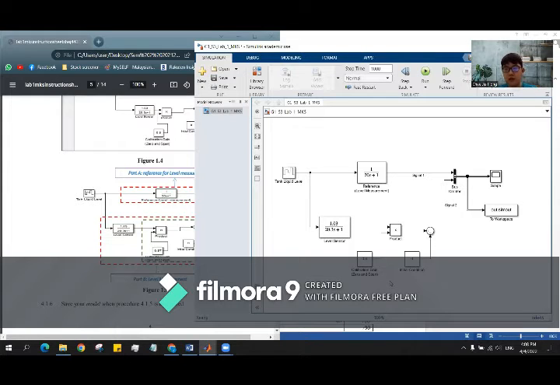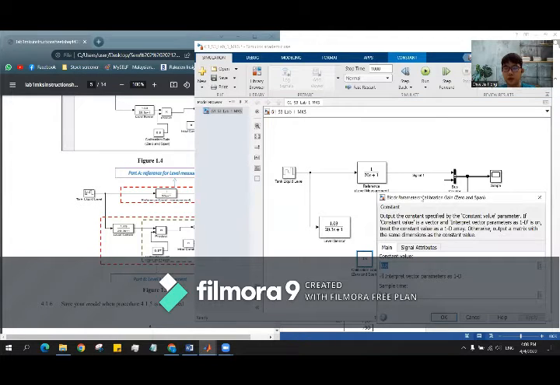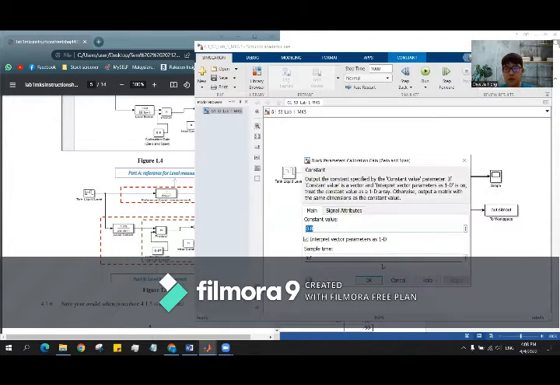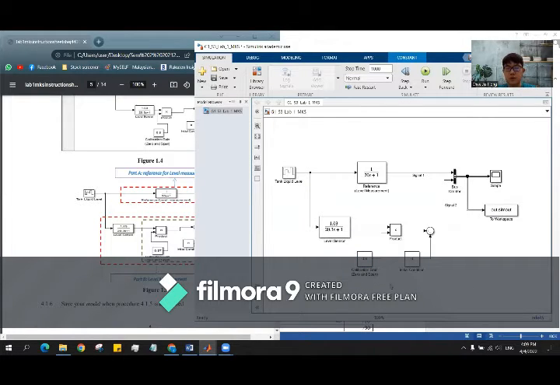We can use this calibration gain to get our desired results, so we can change this constant value as we desire to get the minimum error for the result.